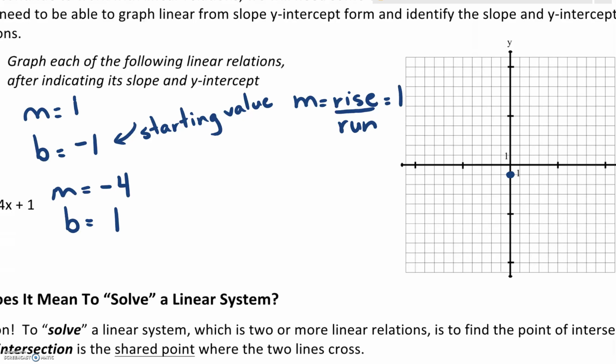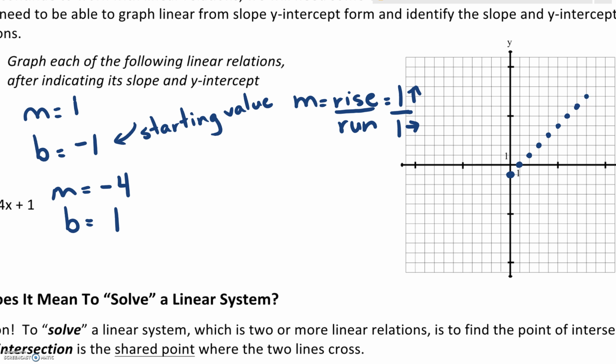Well, this is where you have to remember to create the run. If the run isn't there, we know it's also a 1. So since both numbers are positive, we're going to rise up 1, and we're going to go to the right 1. So you'll see that if I go up 1 to the right 1, it creates a nice line over here, and I'm going to go about that far.